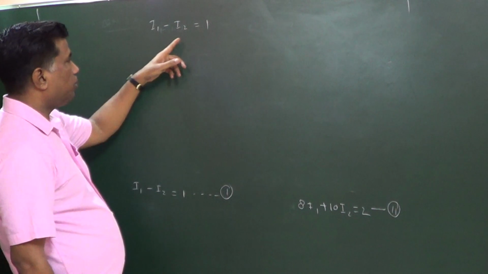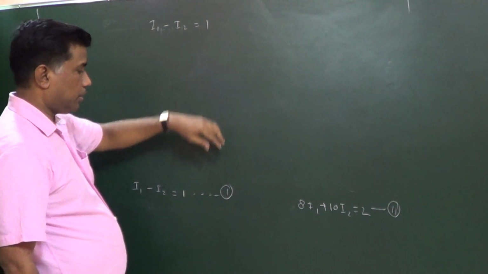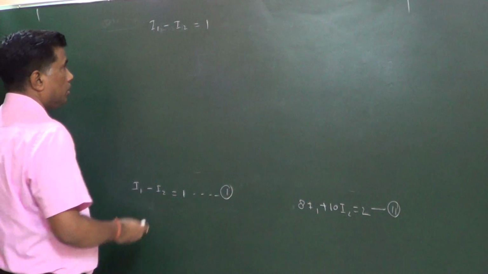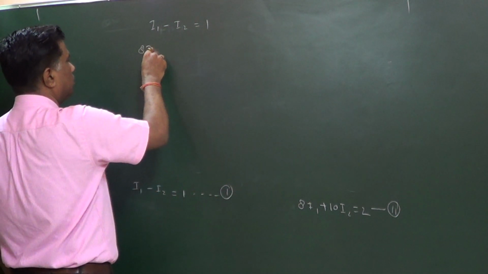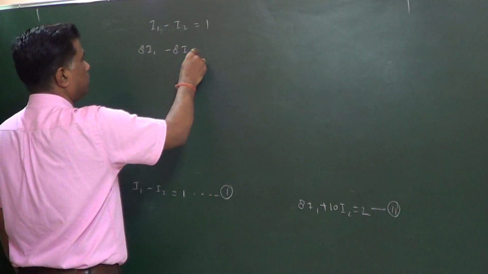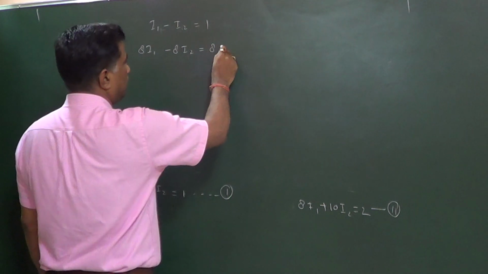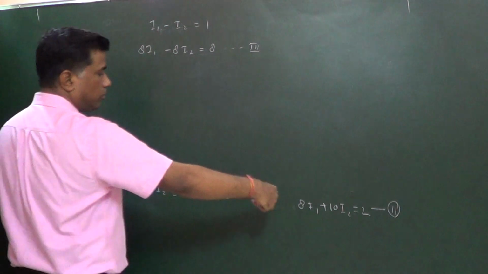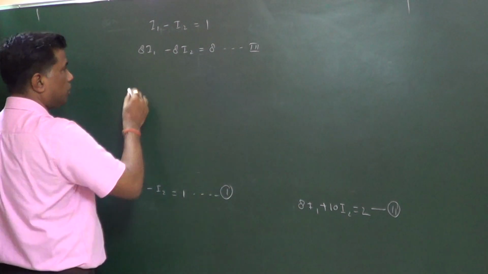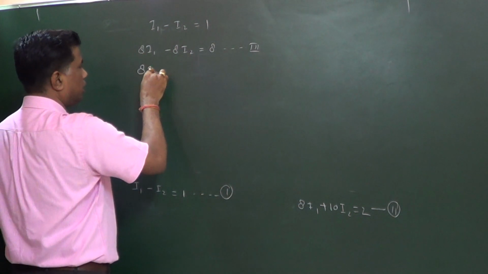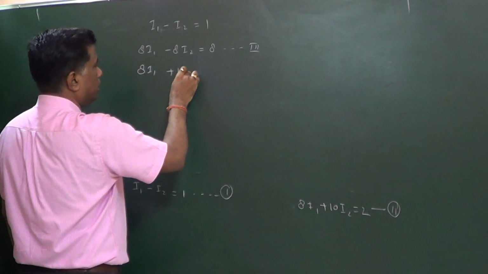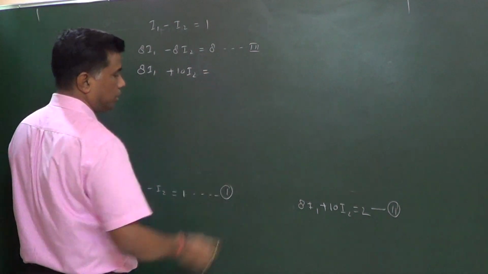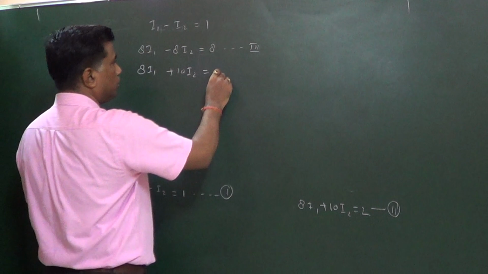Students, I am going to multiply this equation by 8. So 8I1 minus 8I2 equal to 8. Let this be equation number 3. Write equation 2 just below this equation. So this equation is 8I1 plus 10I2 equal to 2.